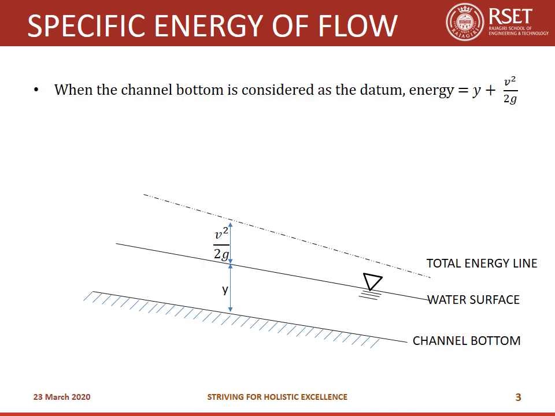So when the channel bottom is considered as datum, the energy of flow becomes simply Y plus V squared by 2G. You can see that from the previous slide, the term Z is missing, and this is because I have considered the channel bottom to be my datum. So the total energy is simply Y plus V squared by 2G.